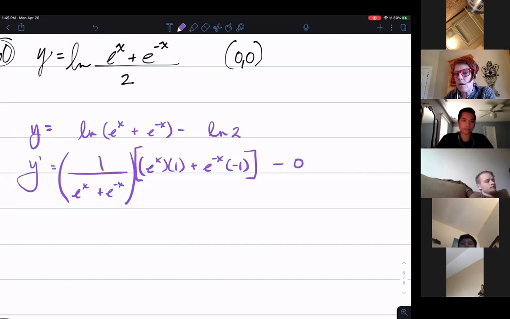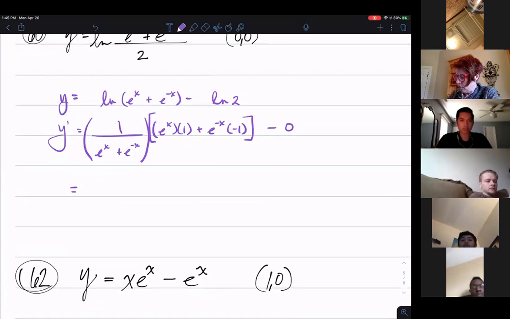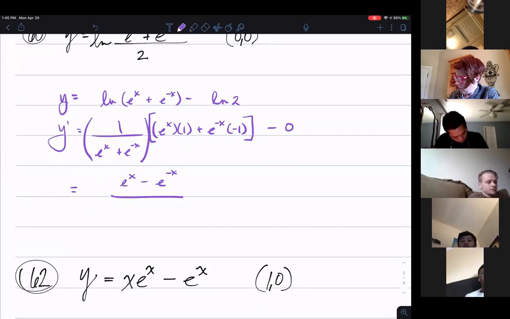But you can also say the natural log of 2 is just a number. It's a weird number, but it's a constant, and the derivative of any constant is 0. So let's clean up what we have. On top, you've got e to the x minus e to the negative x. On bottom, e to the x plus e to the negative x.